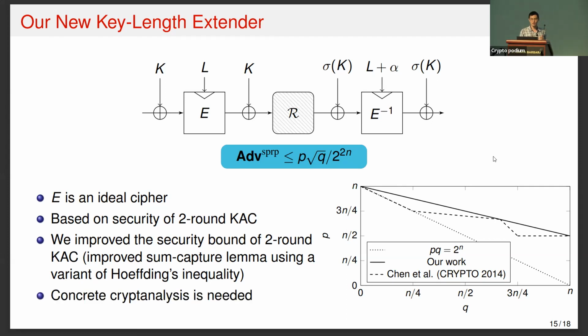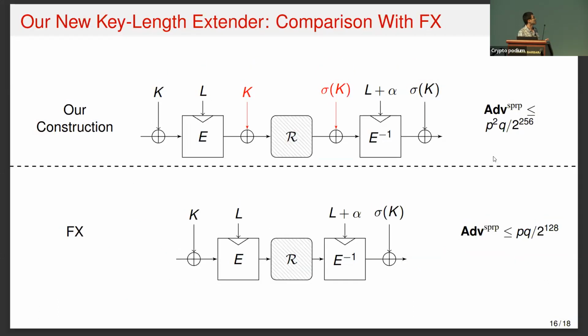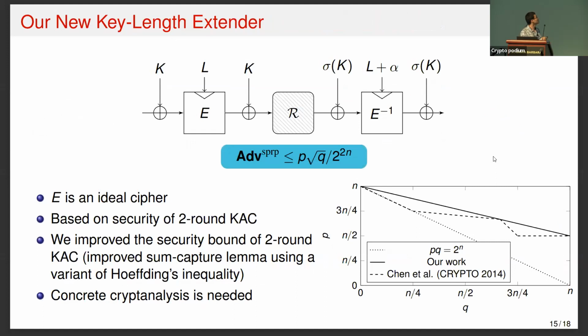We still want to mention that what we proved here is actually that the construction is generically secure against generic attacks up to this term. However, in order to use this construction for practical applications, we still need concrete cryptanalysis, in order to make sure there will be no dedicated attack.